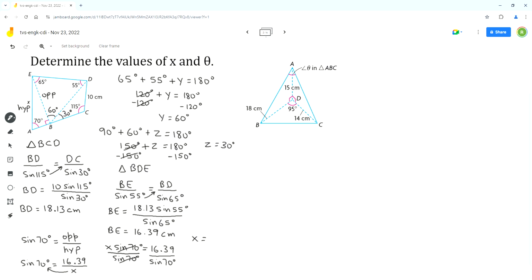We can evaluate this expression. I get 17.4 and the unit is centimeters. If we have to round to the nearest whole number, the final answer should be 17.